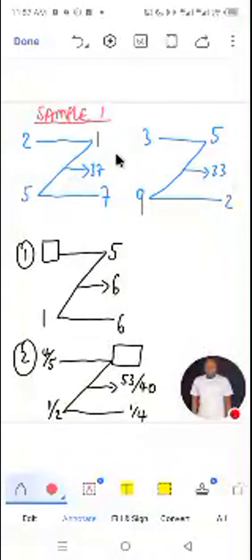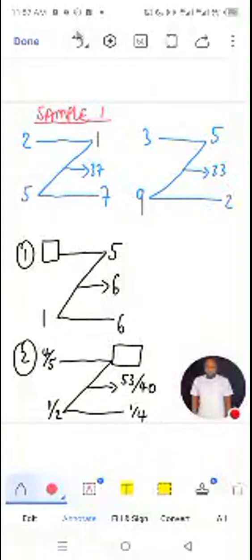Anybody? So this is 37, as you can see here, and this is 33. The question is, how was 37 gotten from this first sample, and how was 33 gotten from the second sample?